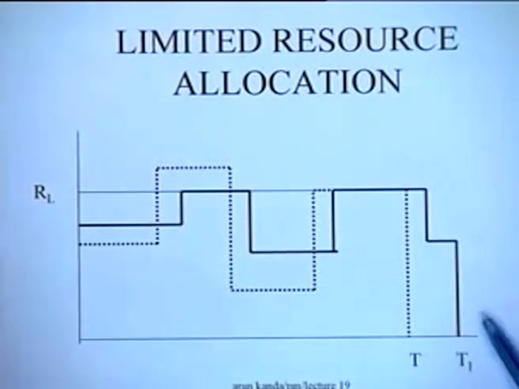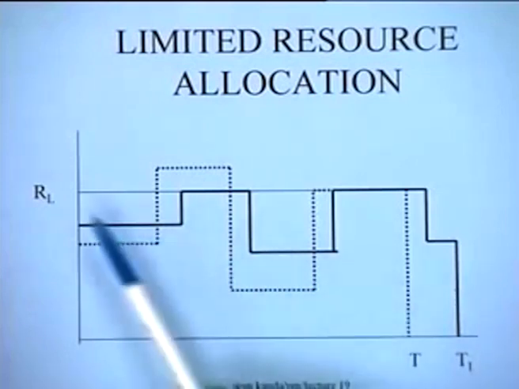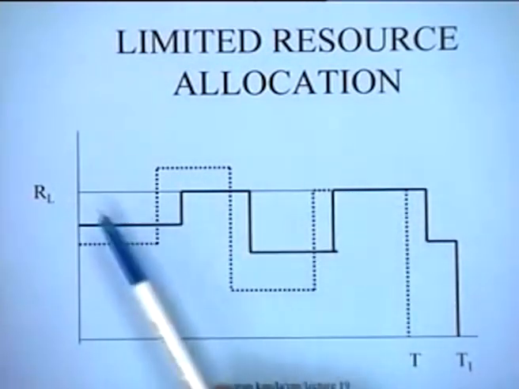Now, the major problem in resource allocation is to determine this resource usage profile in such a manner that this increase in duration is the minimum. So, essentially this is an optimization problem in which we are interested in finding out the minimum project duration subject to the availability of resources.